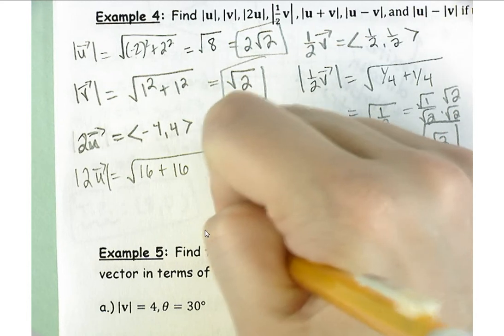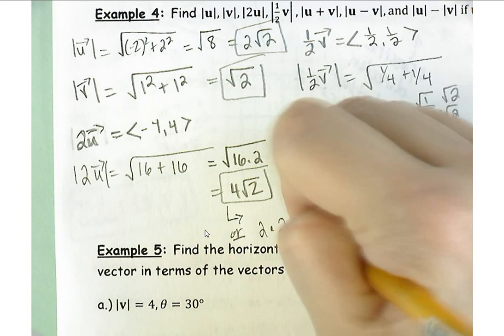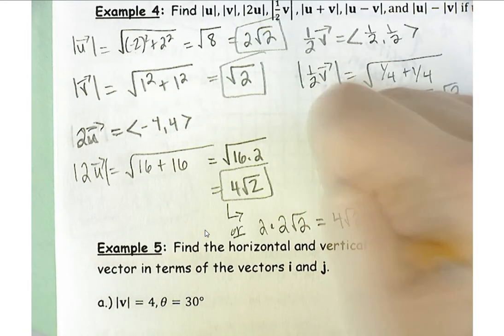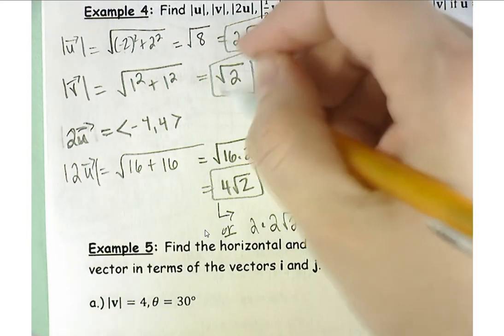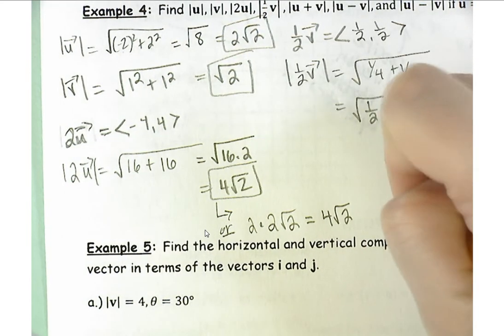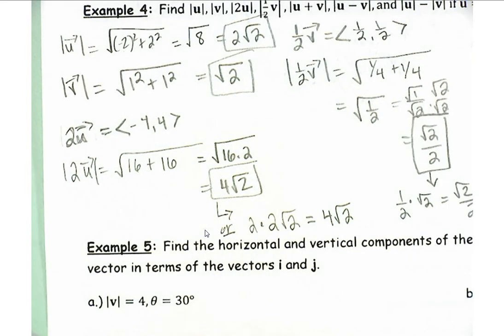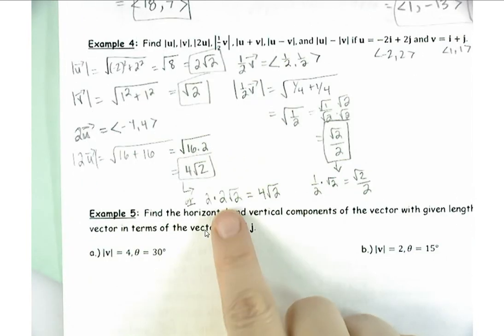If this is double, it's just going to be double the magnitude of the vector. Same thing with this: if you had root 2 and now you're multiplying that by 1/2, you'd get root 2 over 2. See how that's going to be a quicker way to do those? You can just multiply it.